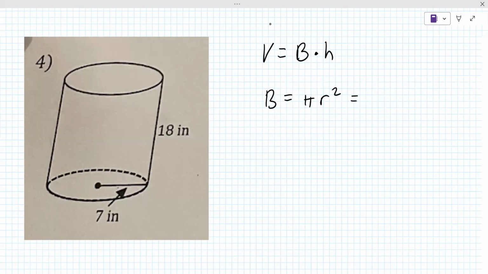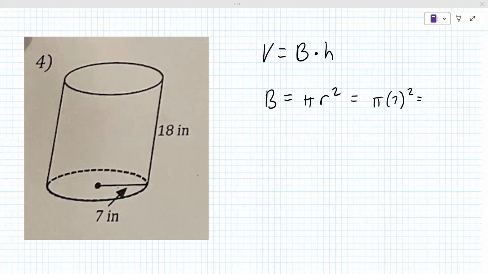What is the radius in your problem? The radius is 7. You need to use pi for 7 squared. Okay. Could you calculate that and round it to 2 decimal places? But there's 18 inches. We have to do that too. We're going to find the area of the base first.